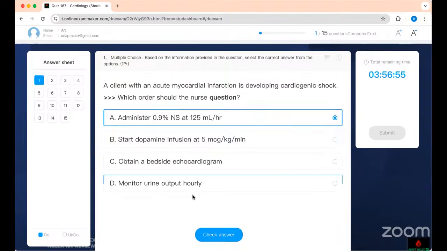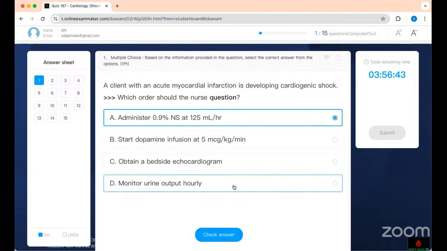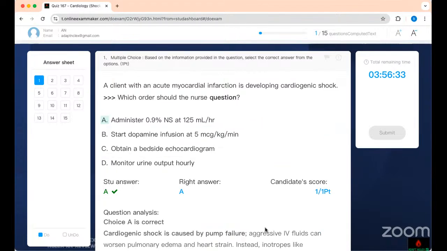So this is the information the nurse should question. Too much fluid will put the patient in more cardiogenic shock and pulmonary edema. Dopamine, bedside echo, and urine output are all appropriate. You always have to watch what they're asking you. Questioning something means it's inappropriate, and fluid is not good. Okay?